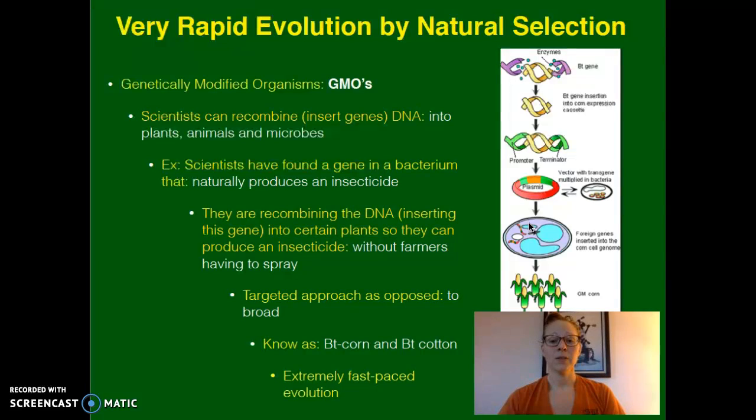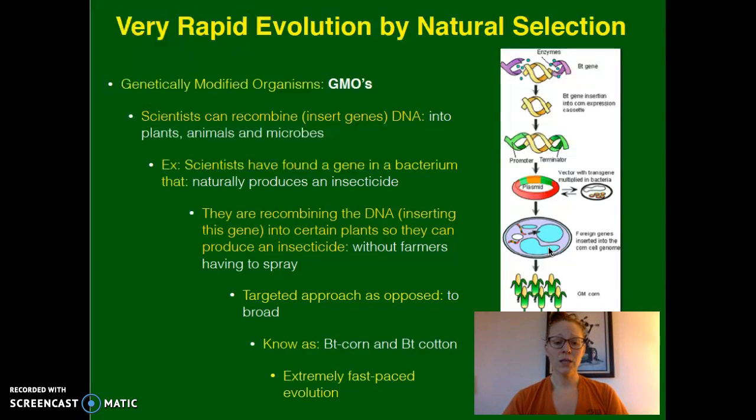And this is a more targeted approach to being able to repel insects. This can be considered a good thing because that means less pesticides that we have to spray on the ground. And the less pesticides we have to spray on the ground, the less that's going to get into our rivers and hopefully into ourselves.